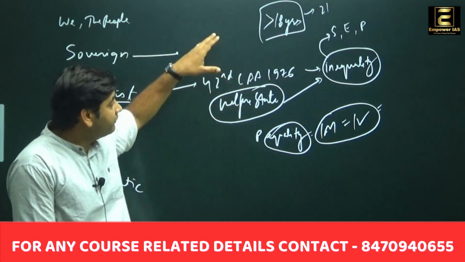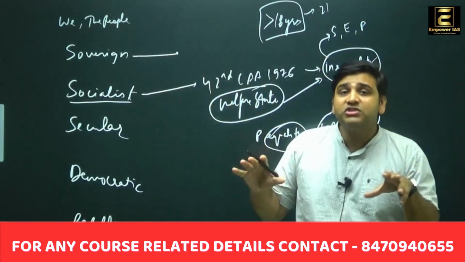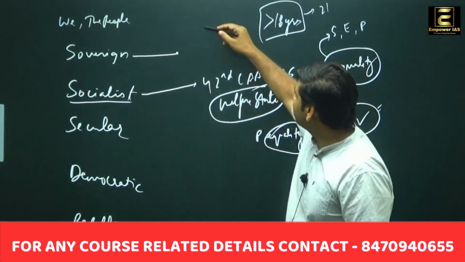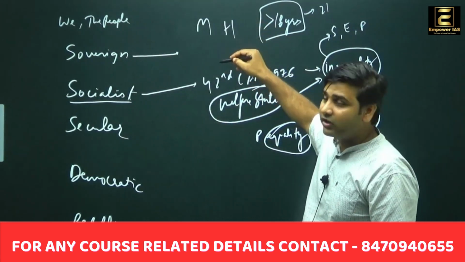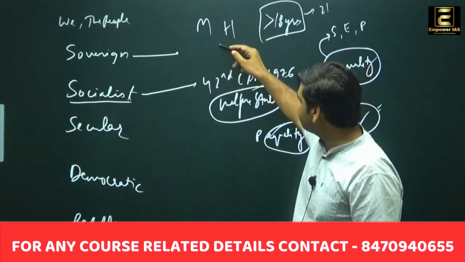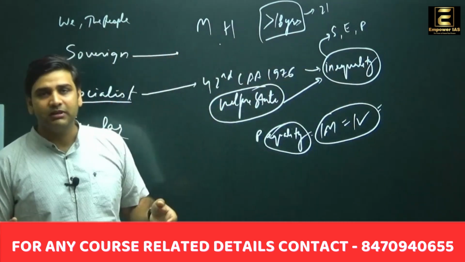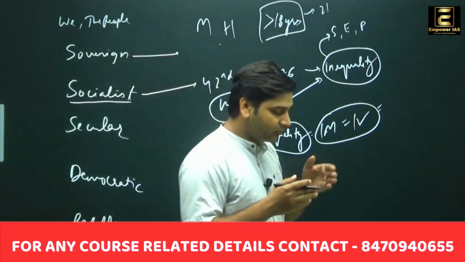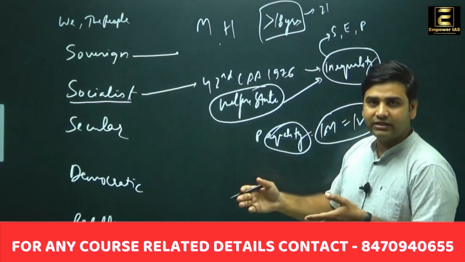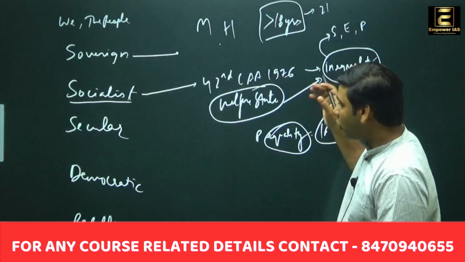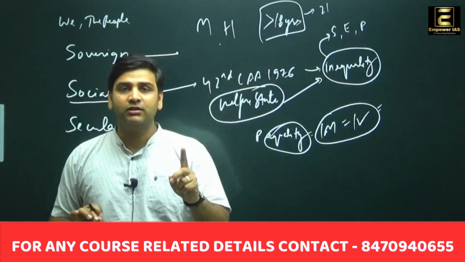Now, when you make an electoral roll, there is no separate electorate. That does not mean that Muslims have a separate electorate and Hindus have a separate electorate, or a separate list for the higher class people and a separate list for the lower class people. All the people, no matter which religion, race, caste, sex, gender, origin or descent they belong to, all come in the same electoral roll.